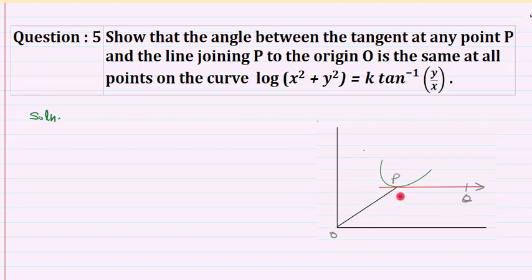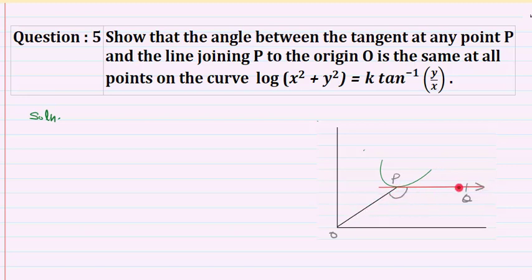So basically, according to the question, we need to calculate the angle between the tangent PQ and the line joining P and O. It means we need to calculate angle OPQ, and we need to prove that this angle remains the same everywhere on the given curve. So we need to calculate the angle between two lines.